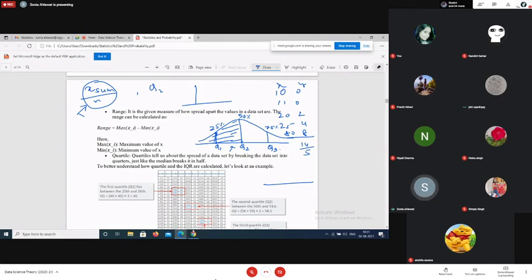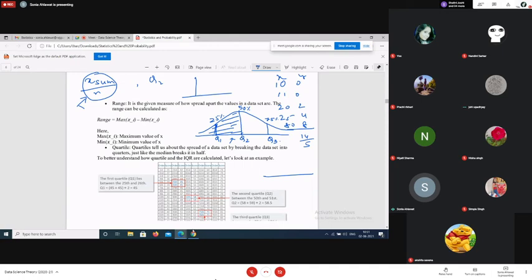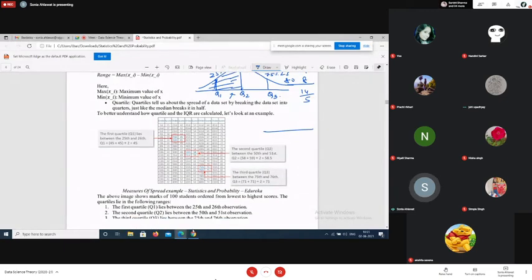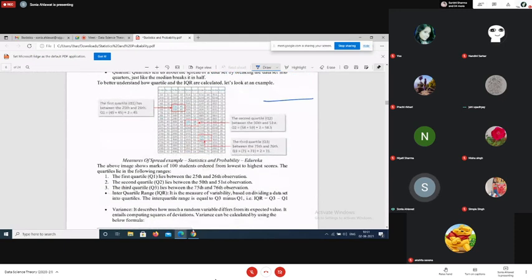So now, what is a quartile? Basically, quartile tells us about the spread of the data set by breaking the data set into quarters. So 1/4 of this, then again 1/4 of this, then again 1/4, then again 1/4. So total 4 parts are there. Fine. So if we want to calculate the quartiles, we have to go for Q1, Q2, and Q3, which are called the first quartile, second quartile, and third quartile, and also the lower quartile, middle quartile, and the upper quartile.